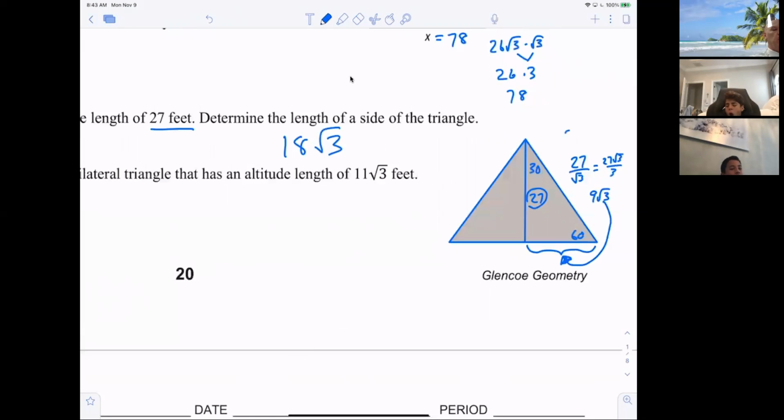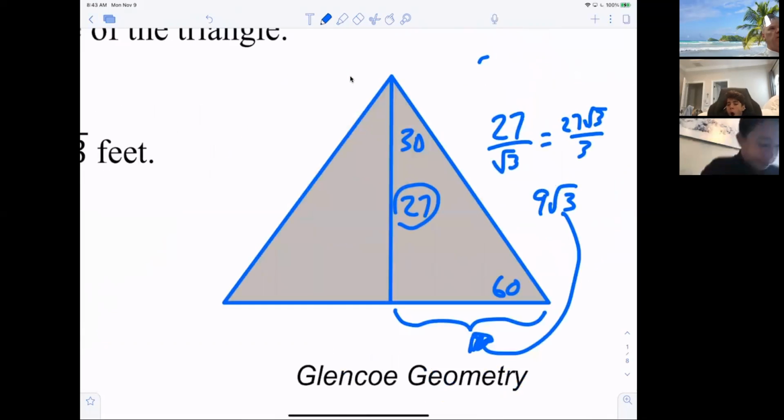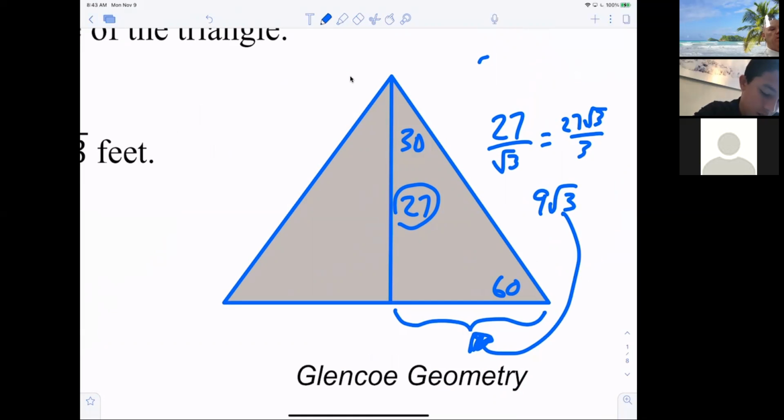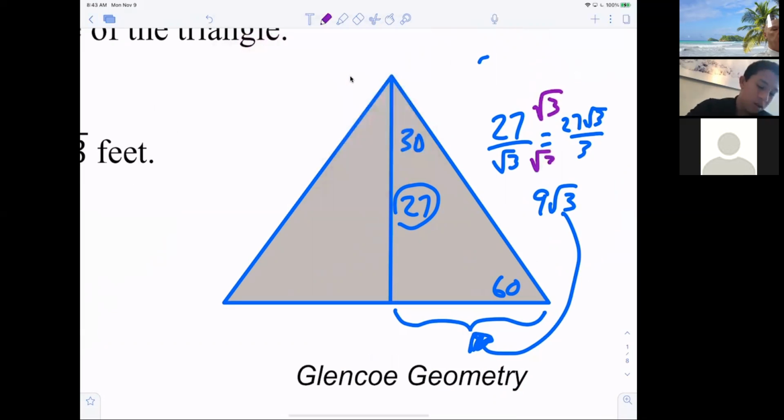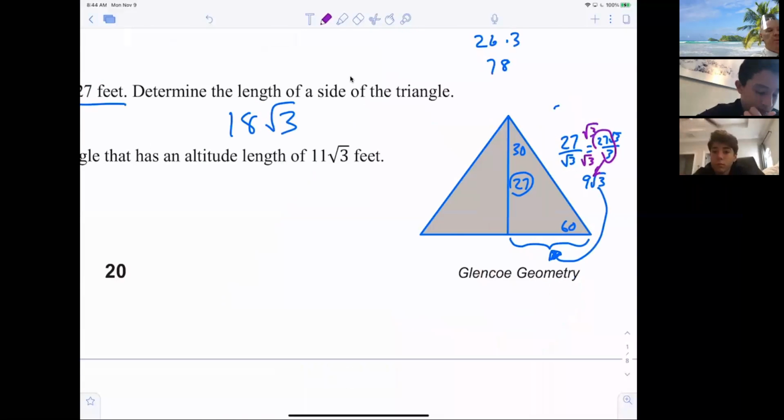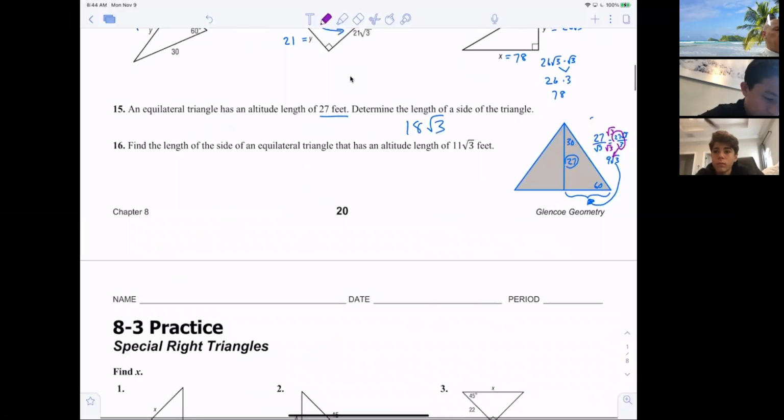Are you having trouble with 27 divided by radical 3? So I just multiplied the top and bottom by radical 3, right? And then 27 divided by 3 is 9. Okay, now it says find the length of the side of an equilateral triangle that has an altitude of 11 radical 3.